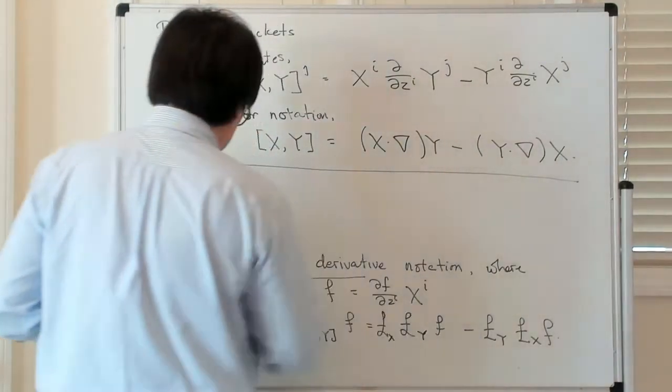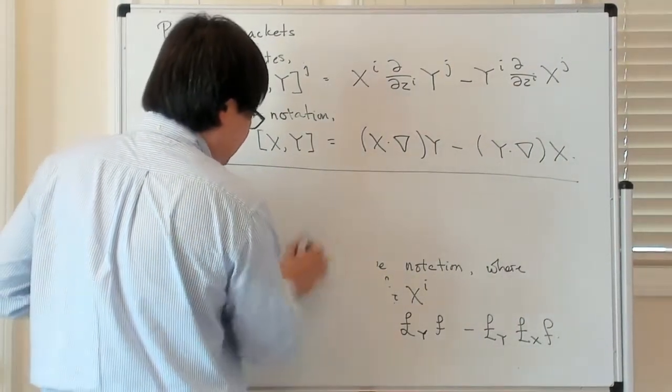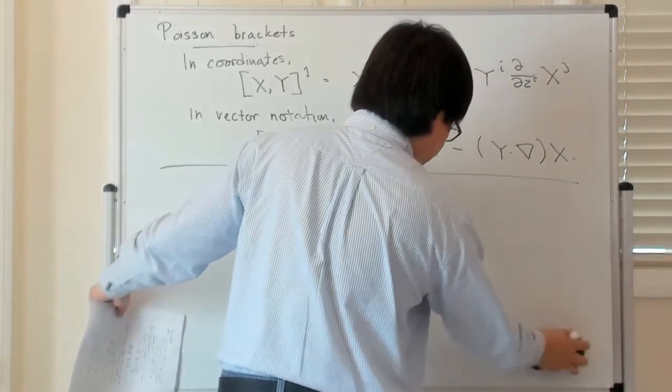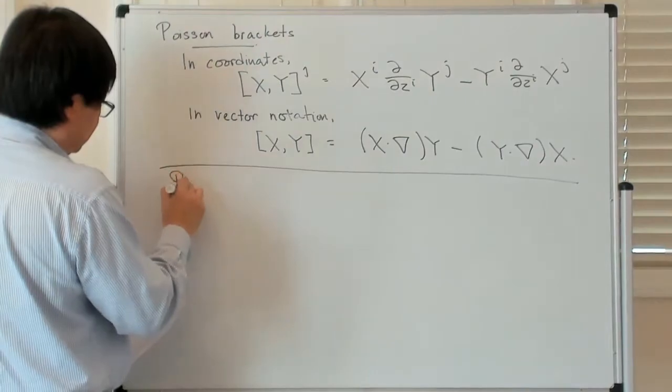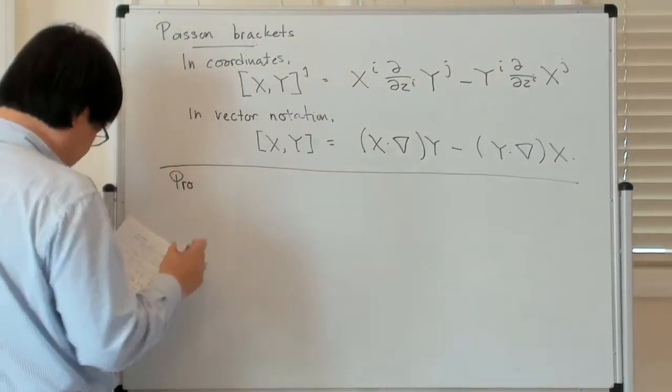And one final thing is to relate the Jacobi-Lie bracket to the Poisson bracket. There's a proposition which I won't prove, but I'll just state.